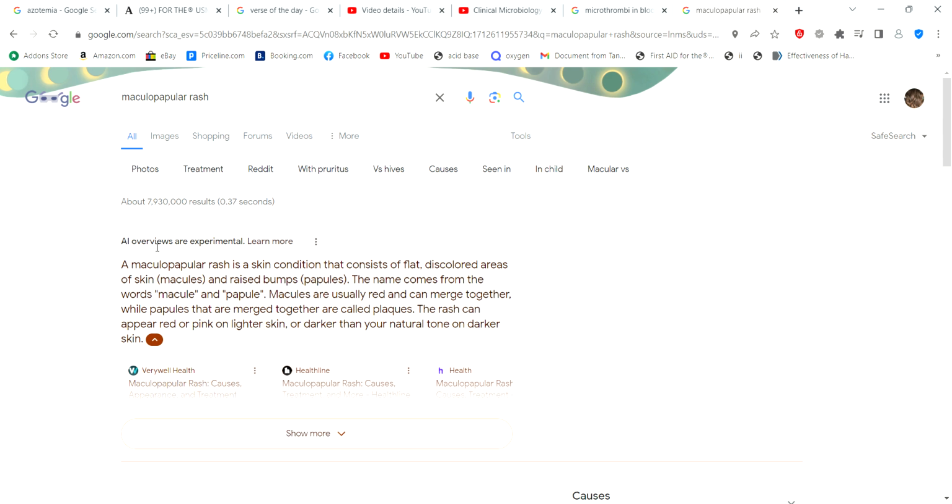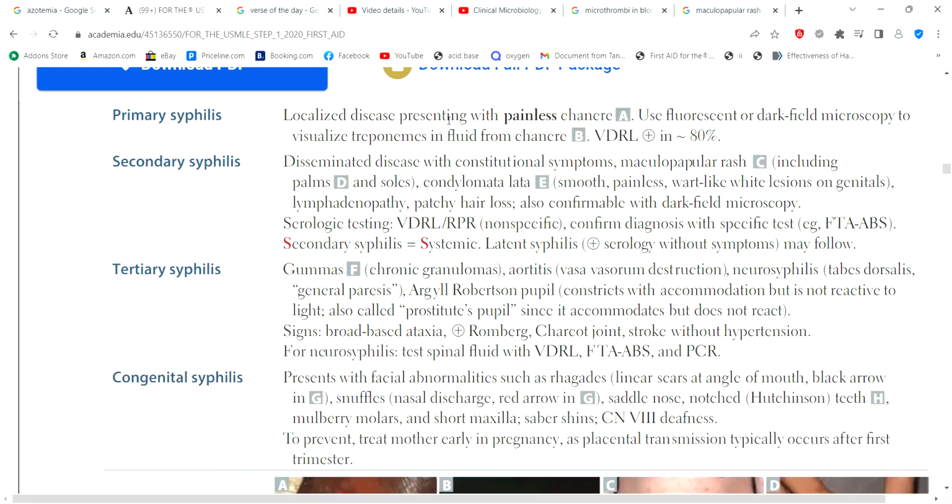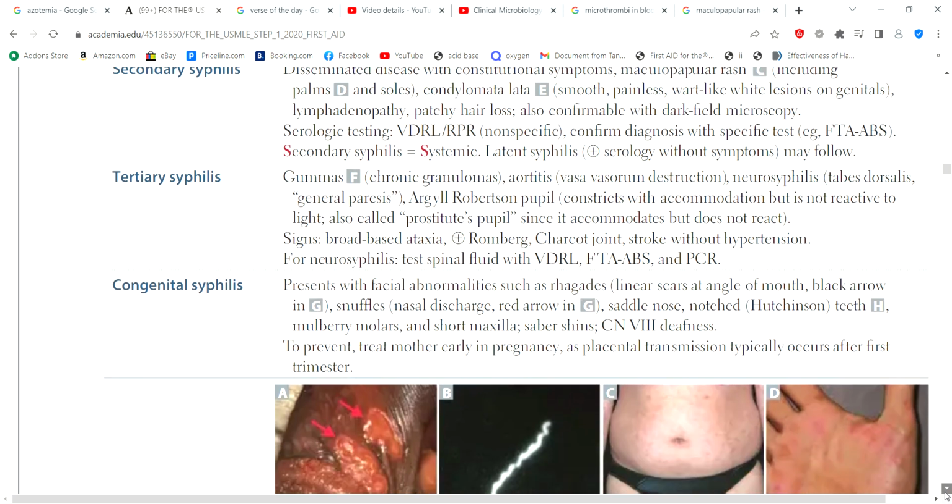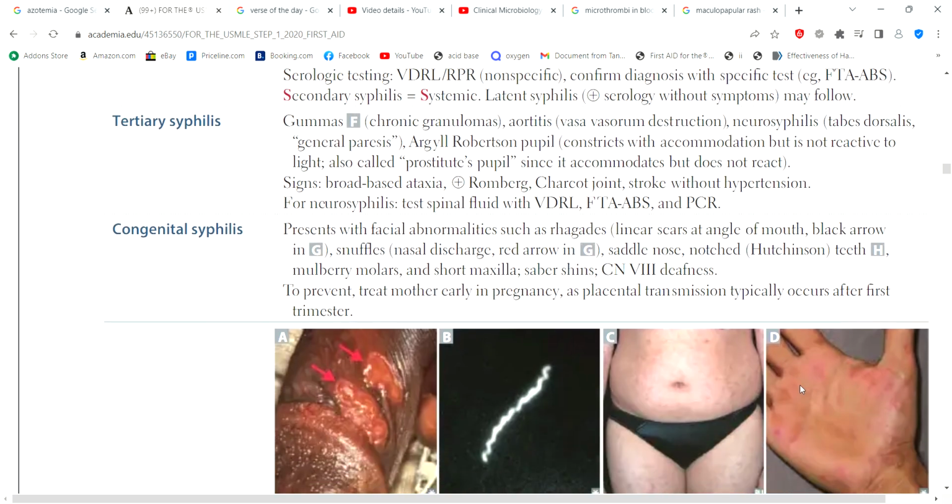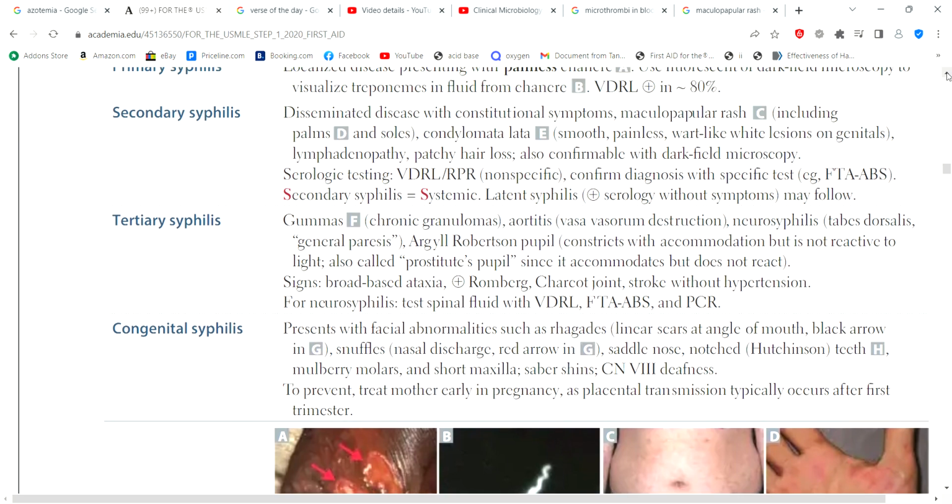Together they're called maculopapular rash: flat and raised skin bumps, including the palms and soles. So in syphilis, you're going to have this type of rash, maculopapular rash, on the palms of your hands and the soles.